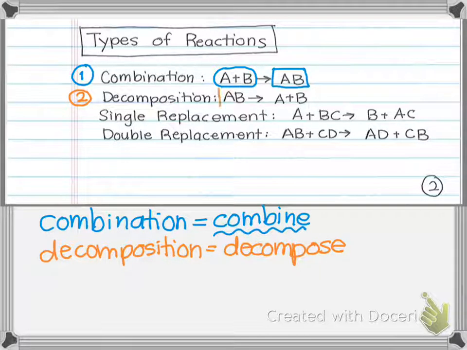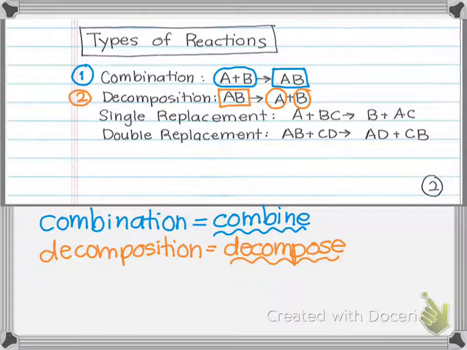In decomposition, you have one reactant, and it's breaking down. So then when you look on the product side, it has multiple separate things. So it's decomposition, or breaking down. Oftentimes, decomposition reactions require heat to get them to work.